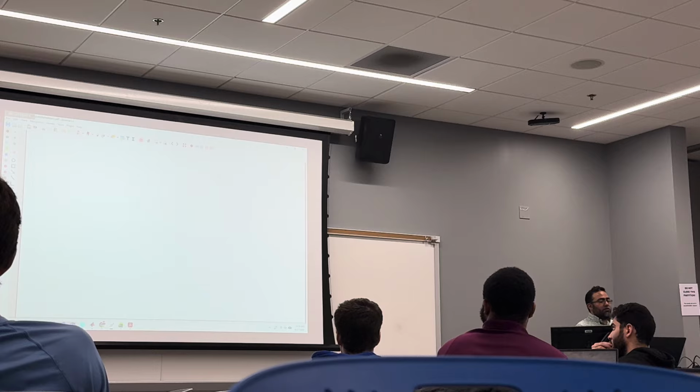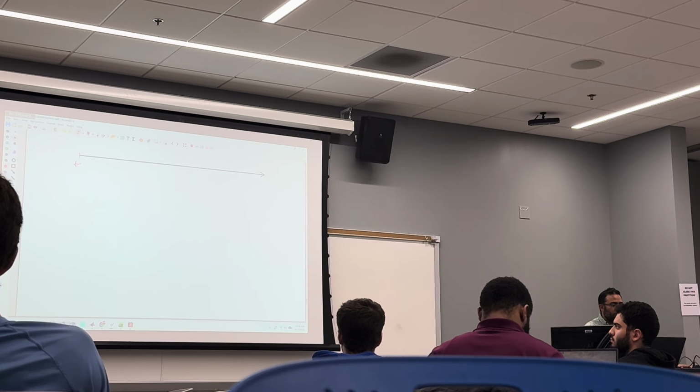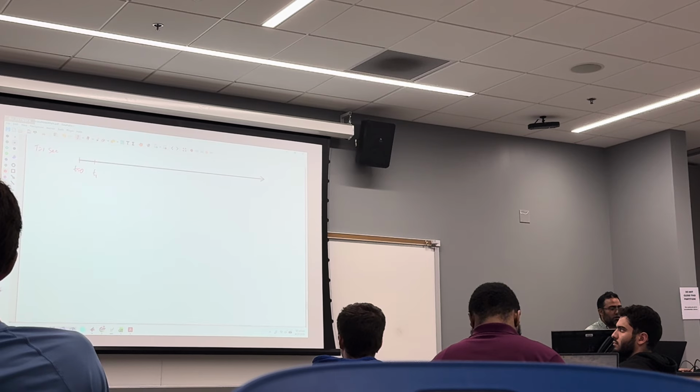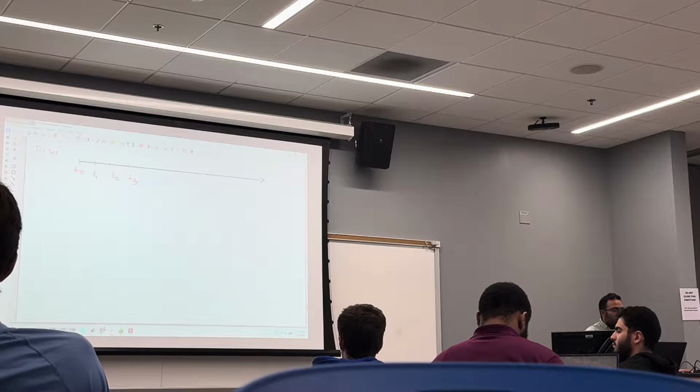Okay, guys, can you give me the equation? The vehicle is moving in this direction at time t equals 0. For the sake of simplicity, I'm just going to make sampling time t equals 1 second. So this is t1, this is t2, this is t3, and so on. This sampling time is 1 second.